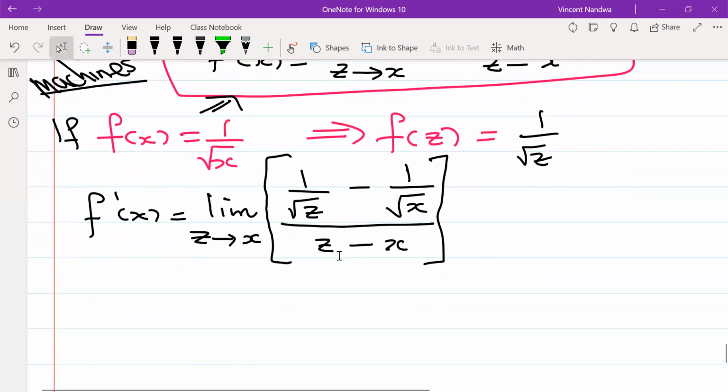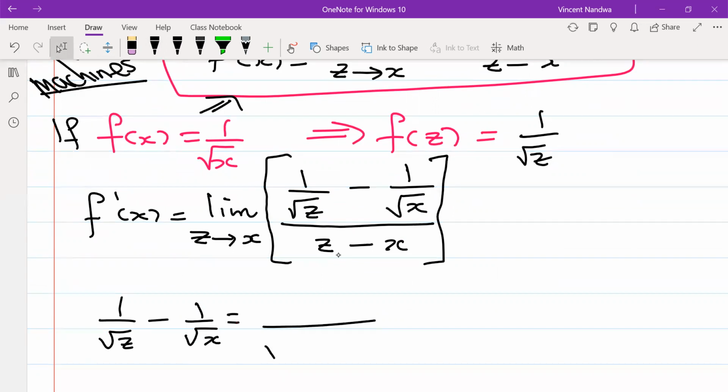So we play now with this expression. So 1 over root z minus 1 over root x. LCM is root z times root x. So which is the same as root x minus root z, correct.